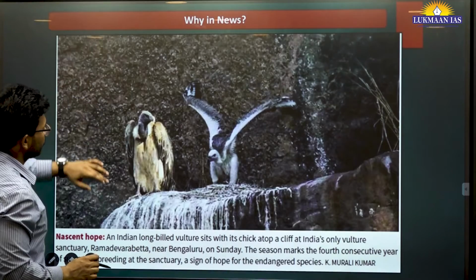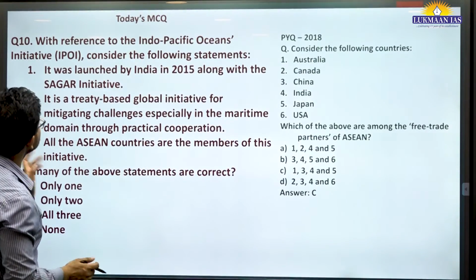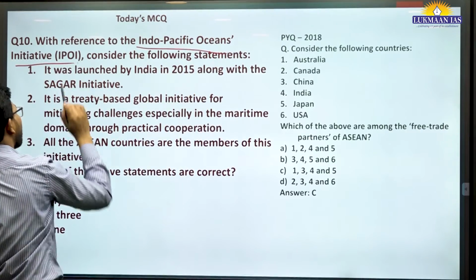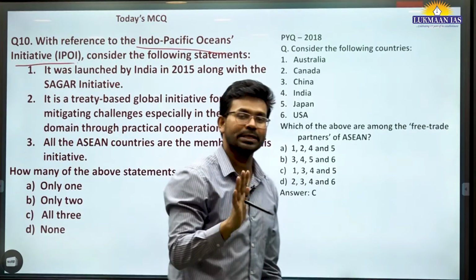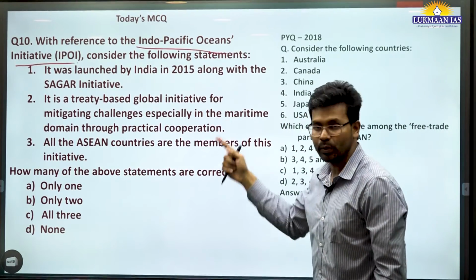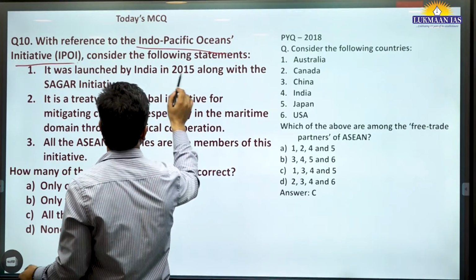Then we have another question, question number 10. With reference to the Indo-Pacific Oceans Initiative, IPOI, they have given a few statements. We need to read all these statements. Number 1, it says, it was launched by India in 2015.